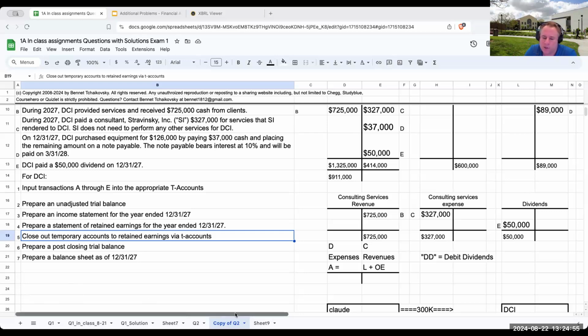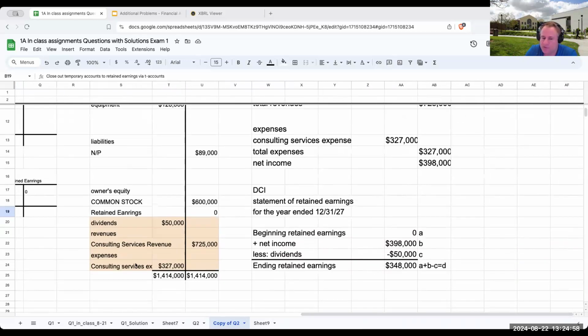So we're going to close out our temporary accounts, these over here, to retained earnings. So after we close out our accounts, the ending retained earnings should be a $348,000 credit.